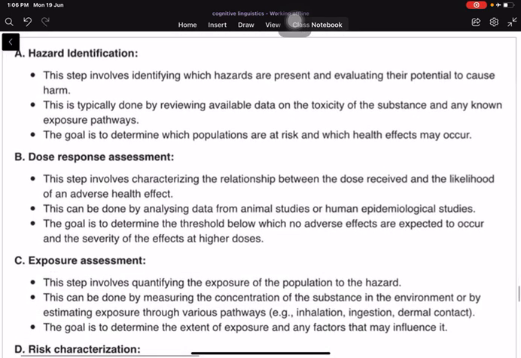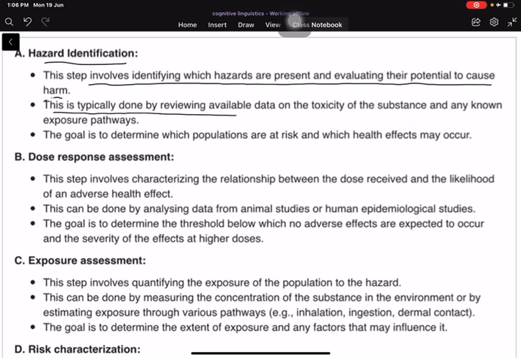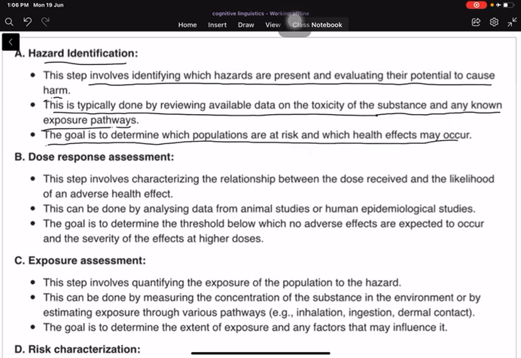Now, hazard identification. This step involves identifying which hazards are present and evaluating their potential to cause harm. This is typically done by reviewing available data on toxicity of the substance and any known exposure pathways. The goal is to determine which populations are at risk and which health effects may occur.